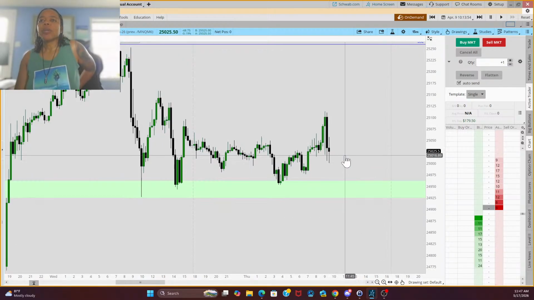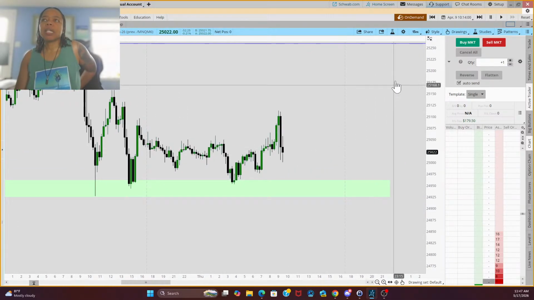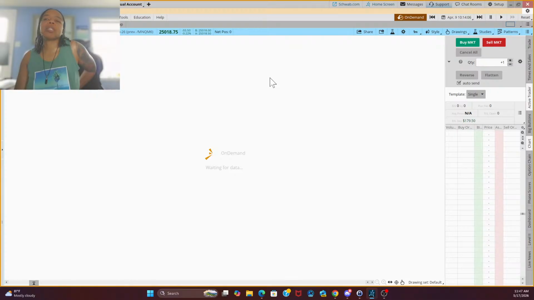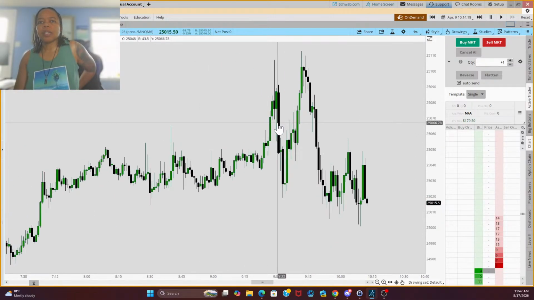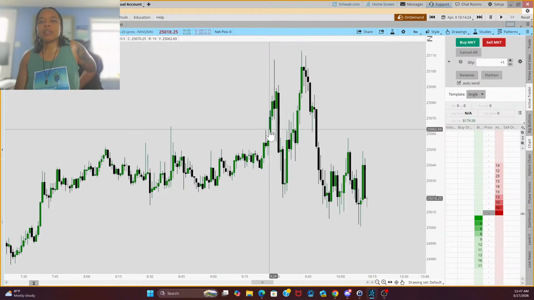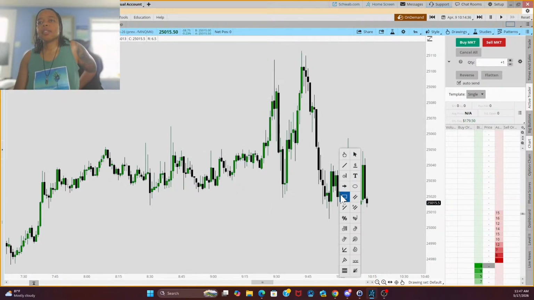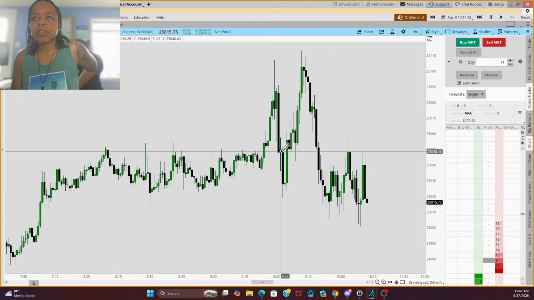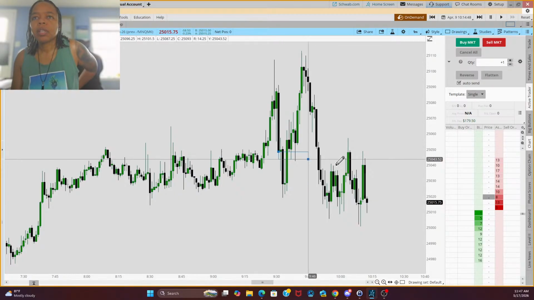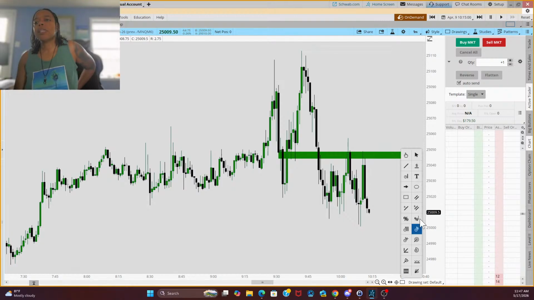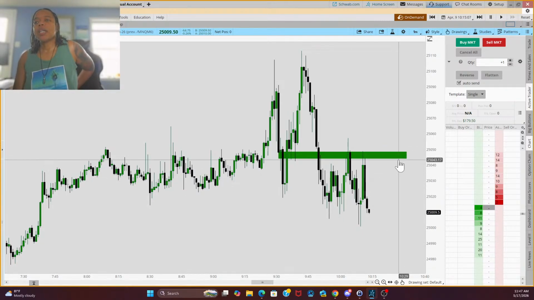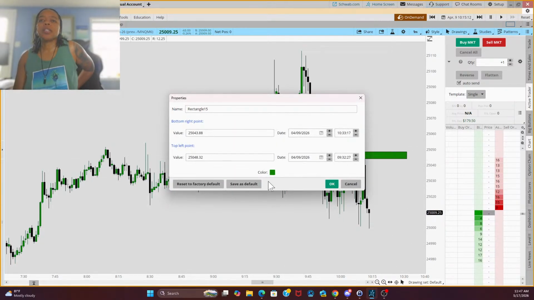So we have this fair value gap right here, and ICT has that first presented fair value gap that he uses on a regular basis. So what's that, 9:28? This tiny guy. So this would be the first presented fair value gap. And in this very mean scenario, it actually did its job.